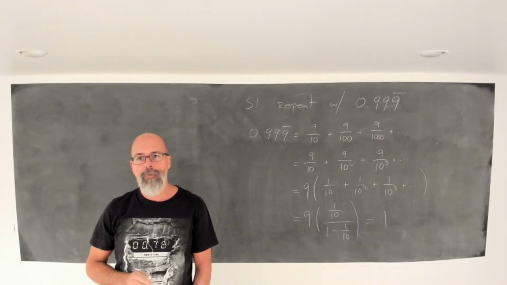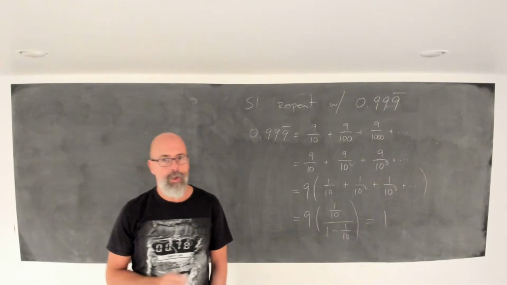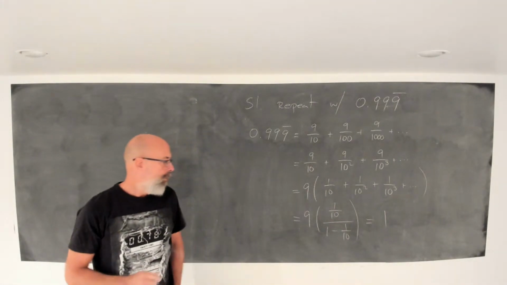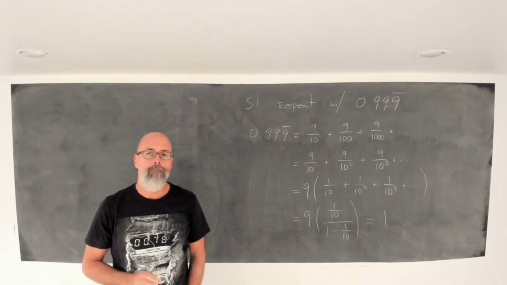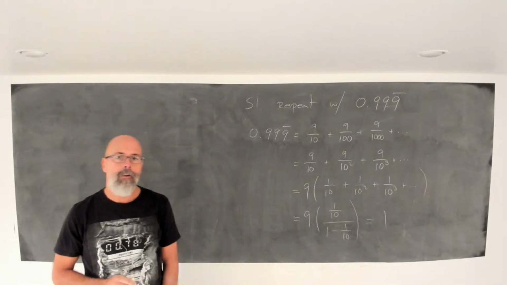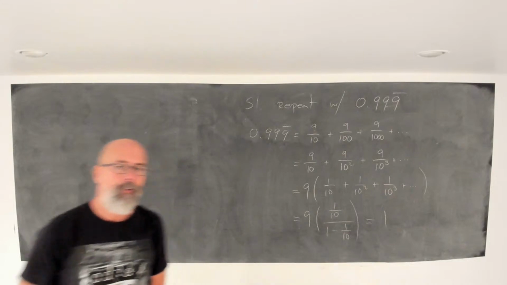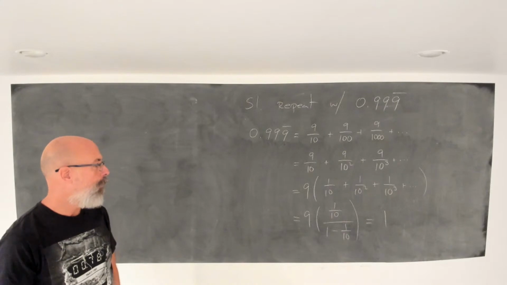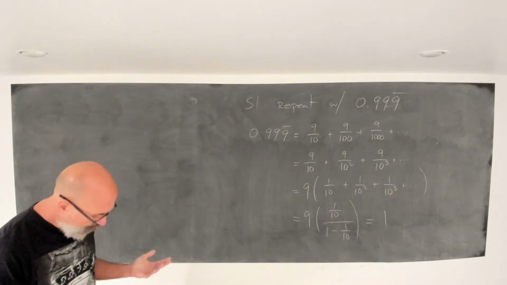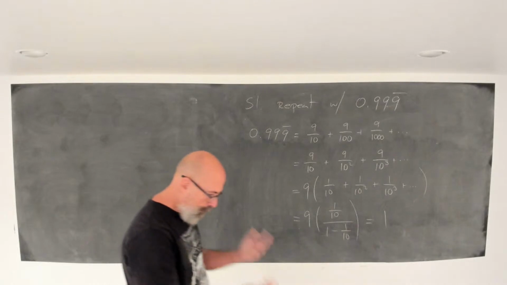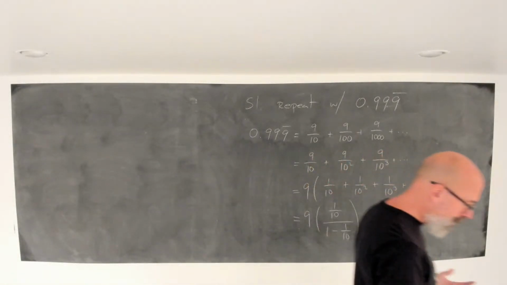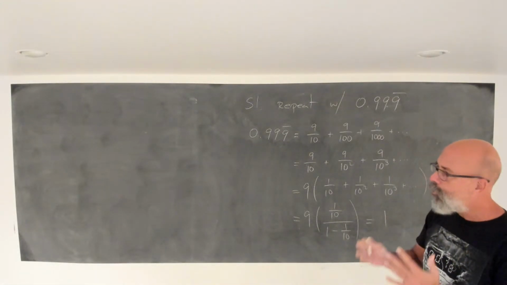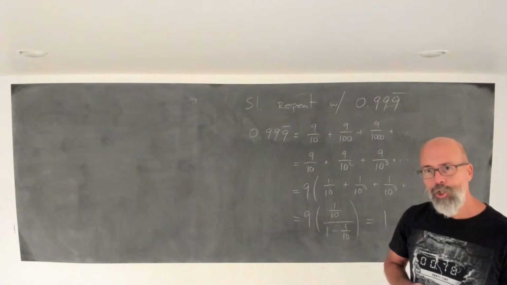Kareem is asking if this is a problem that 0.99999, where the 9 repeats, is equal to 1. Not an issue for me, but I mean, it's interesting. What are the implications here? One implication is that numbers don't have a unique representation.